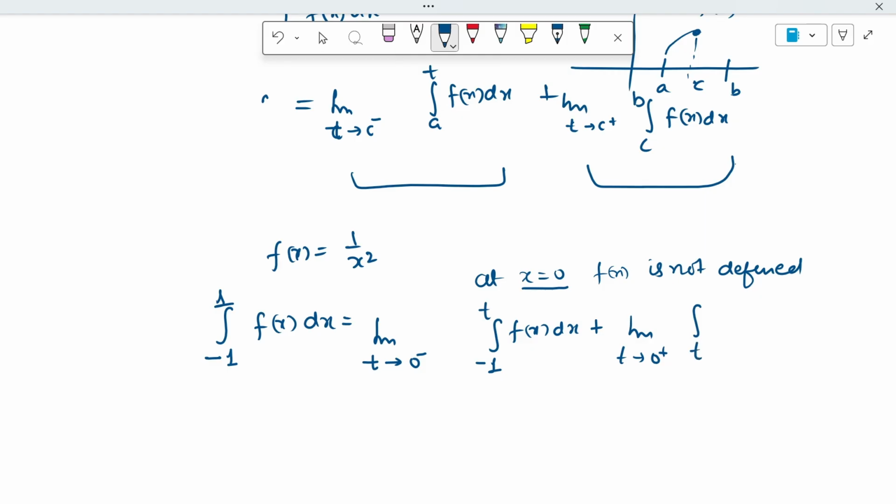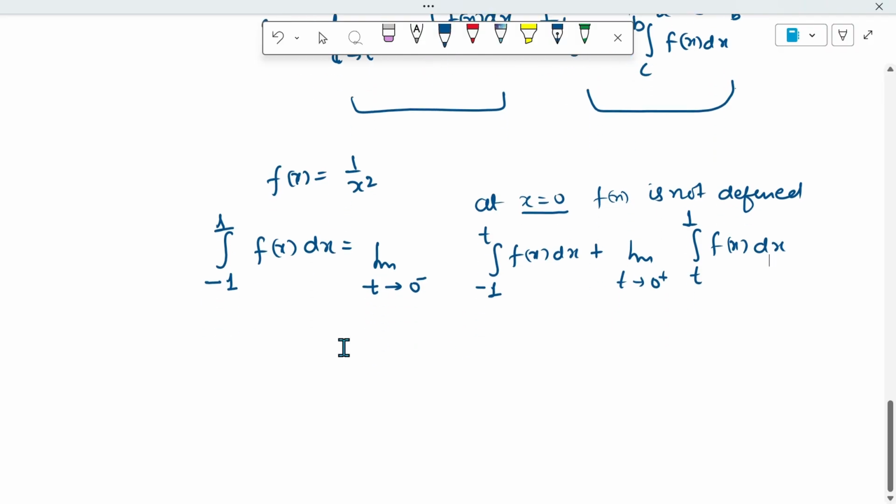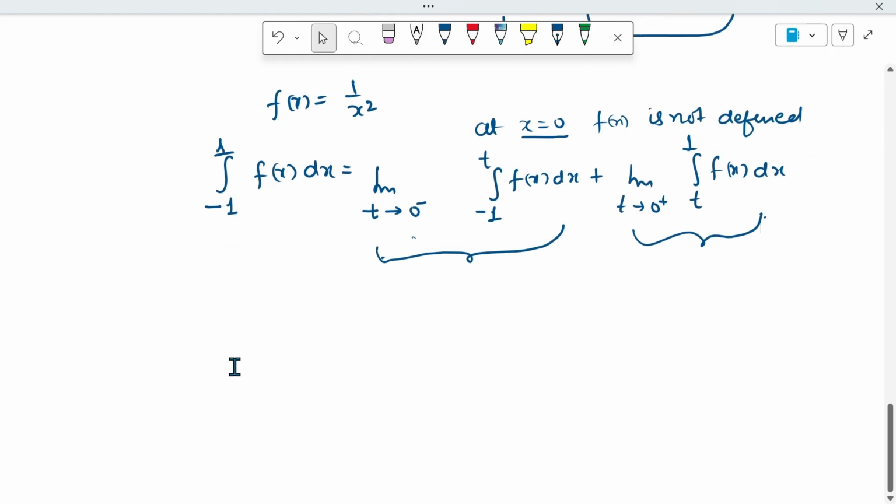This will be t to 1 f(x) dx. So in this way we will check the limit or calculate the limit of this, and if this exists then it is known as convergent, otherwise it is divergent. So if this value has to be convergent, then this limit has to exist, and at the same time this also. So we have taken the example f(x) equal to 1 upon x square.